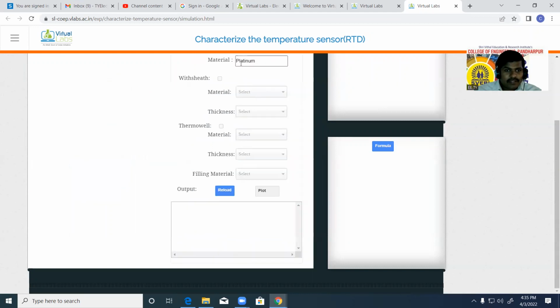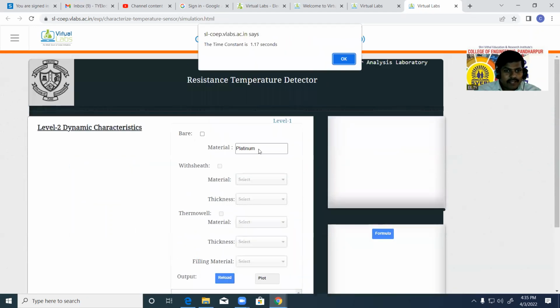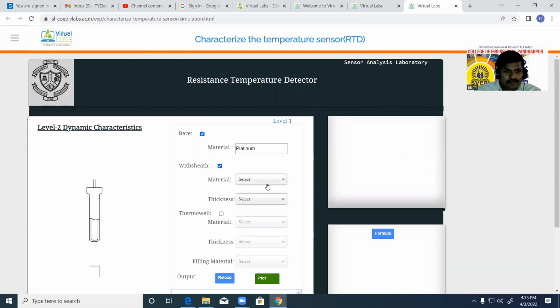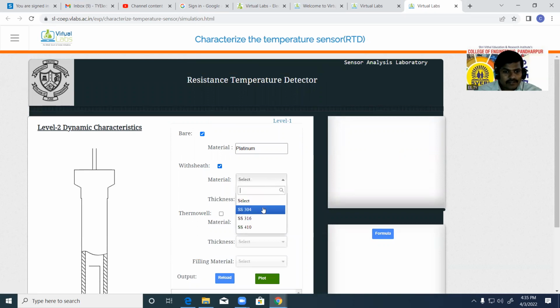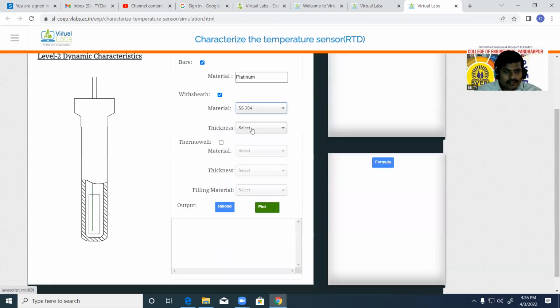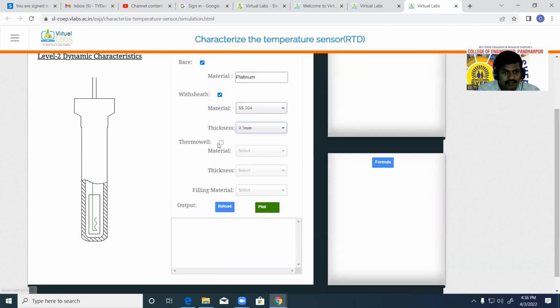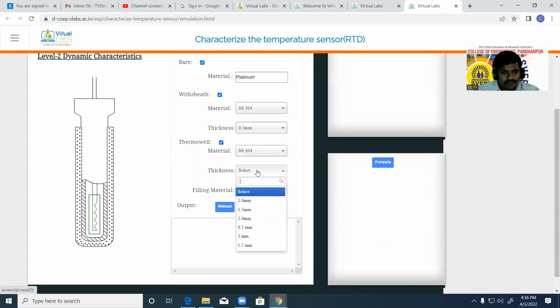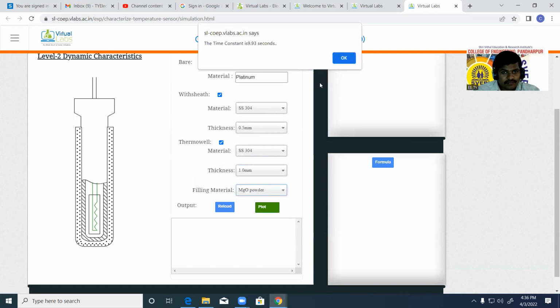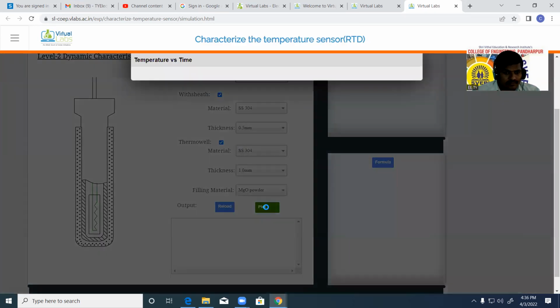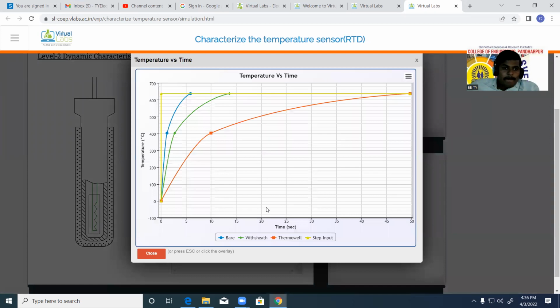We will go to level 3: bare material, sheath, thermowell.